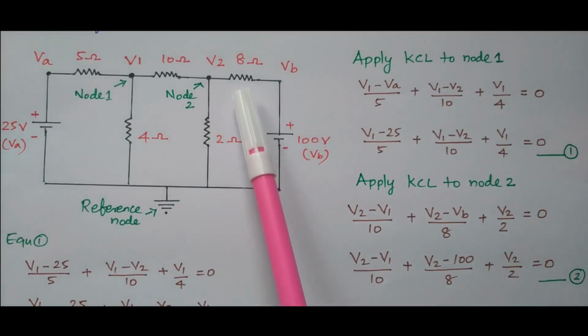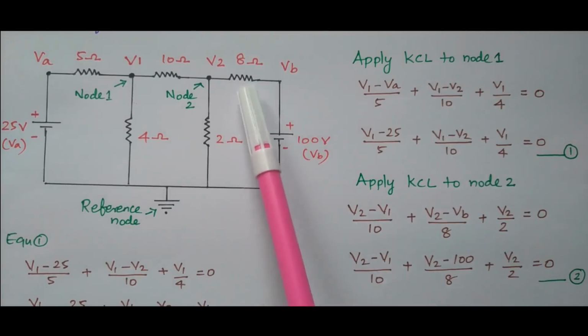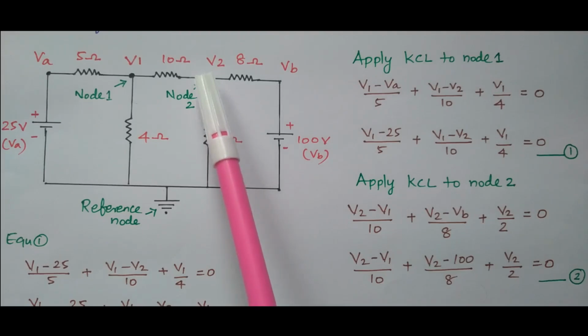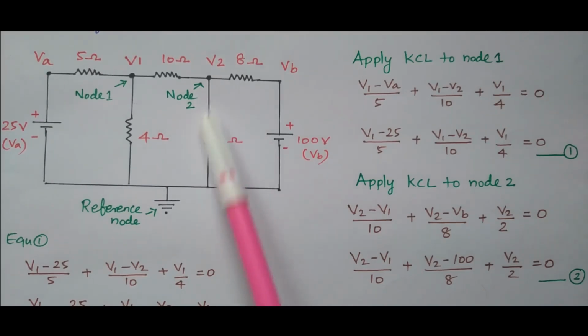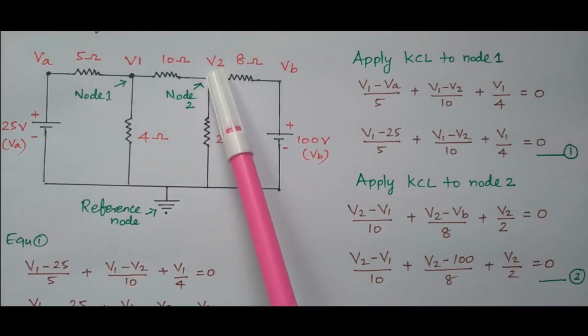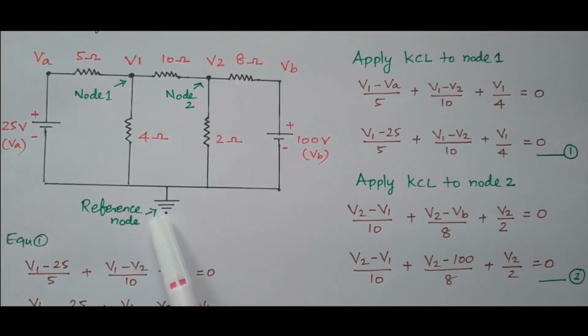Then what is the current through this 8 ohm resistor? It is connected between node 2 and the supply voltage VB, so (V2 minus VB) by 8. What is the current flowing through this 2 ohm resistor? It is connected between the second node V2 and the reference node, so V2 divided by 2.